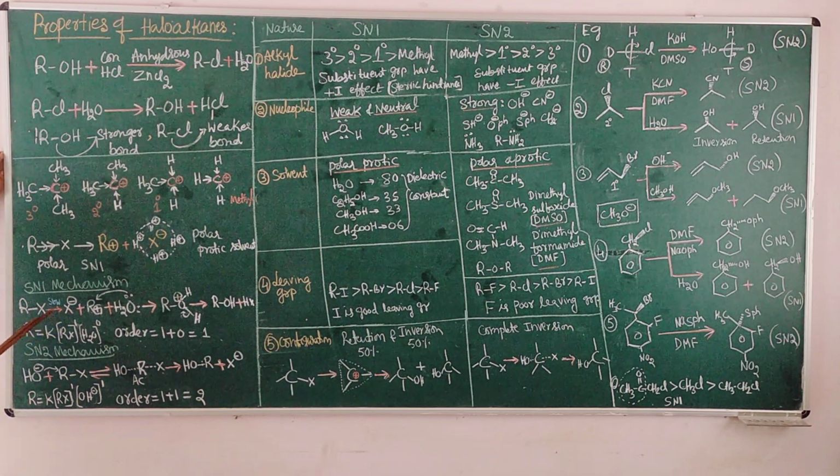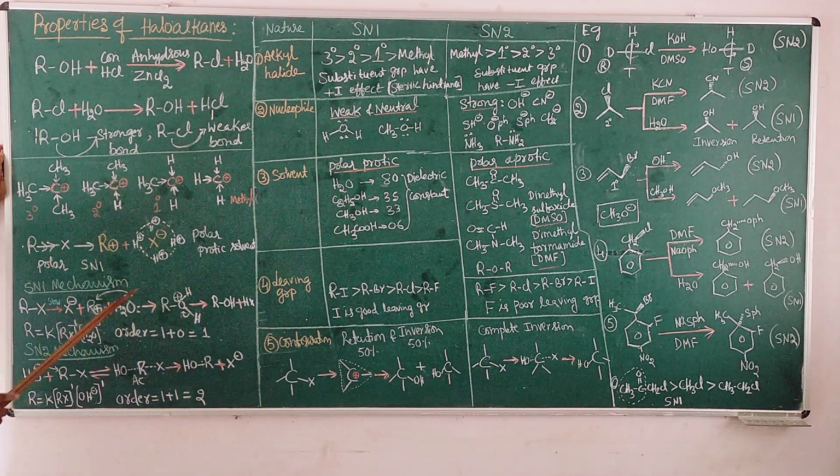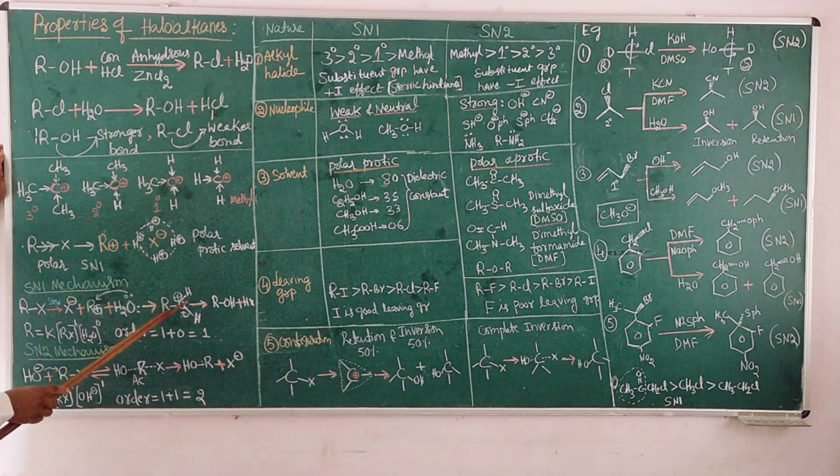And after this step, this carbocation is attacked by water, a nucleophile. That is, of course, a neutral nucleophile. Because of the presence of the lone pair of electrons on the oxygen, this lone pair can attack the positive charge of the carbon, forming a chemical bond like this, resulting in the shifting of the plus charge from the carbon to oxygen.